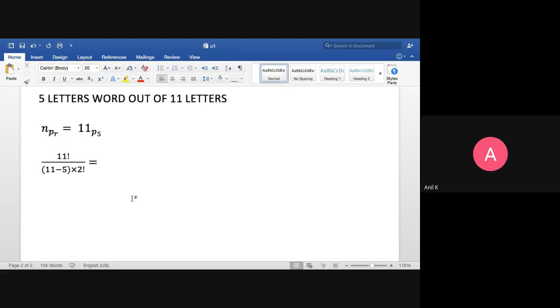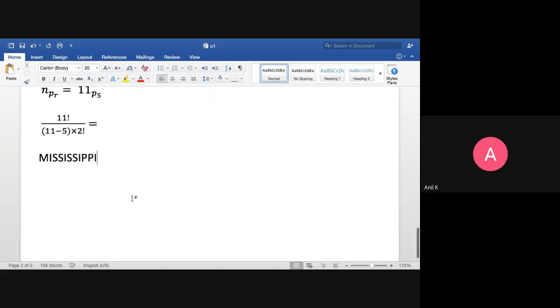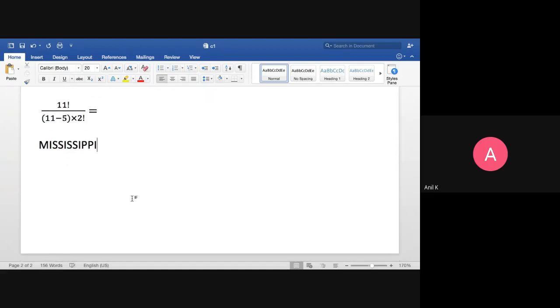For example, let me take one more word, Mississippi. This is the word I have taken. Here I want to use all of them, how many rearrangements I can do. So can you tell me how many letters are there in Mississippi? 4 plus 4, 8 plus 3, 11 letters are there. I want to make words using all 11 letters.